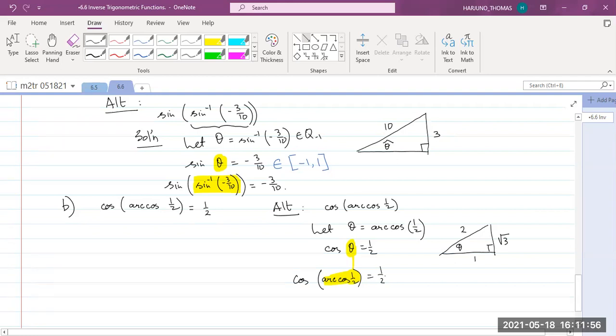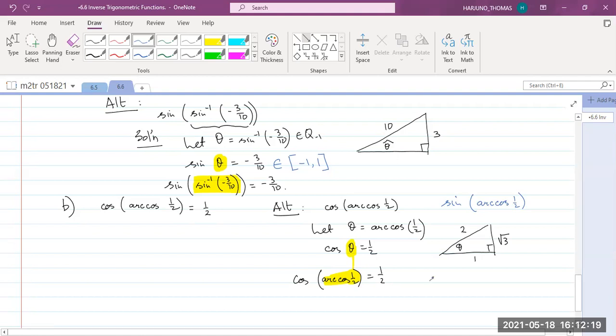But do you notice that at the same time, we found a technique to answer the following question? What if I ask you what is sine of arc cosine of 1/2? If you call arc cosine of 1/2 theta, then you get that right triangle.